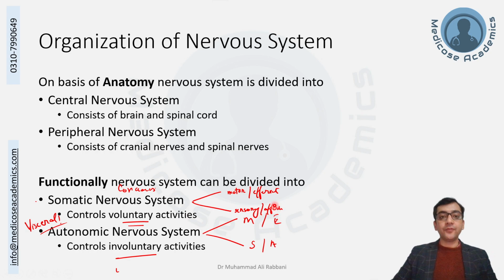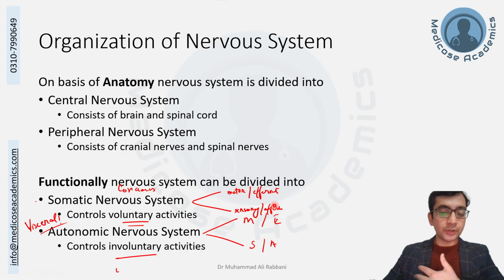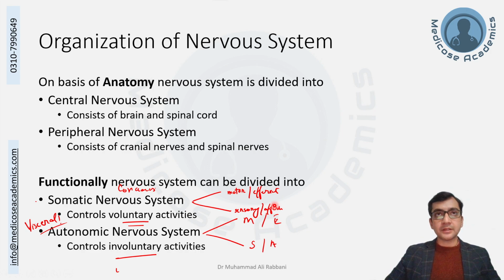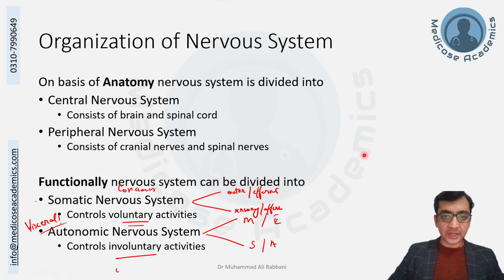The sensory afferent component of the somatic nervous system is basically the sensations, mostly the ones that we receive on our skin and some of our special senses. I will break them down. These are the somatic sensations.